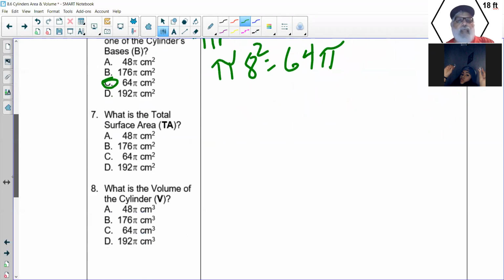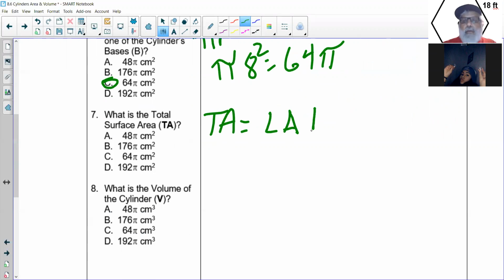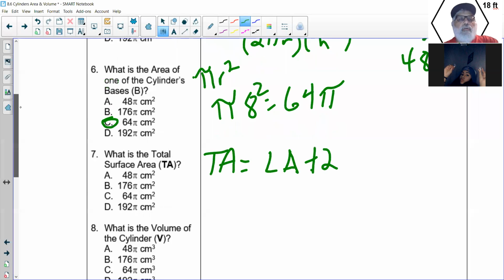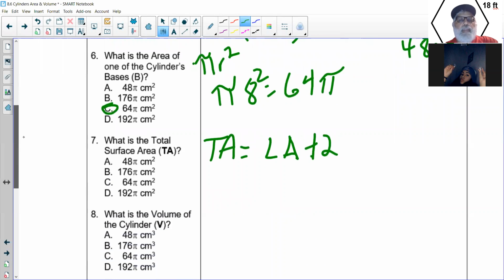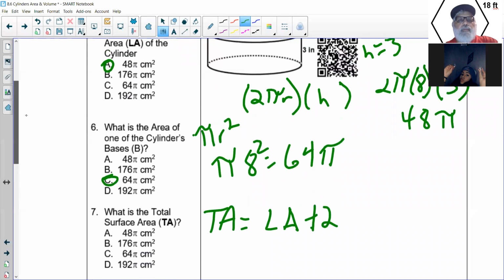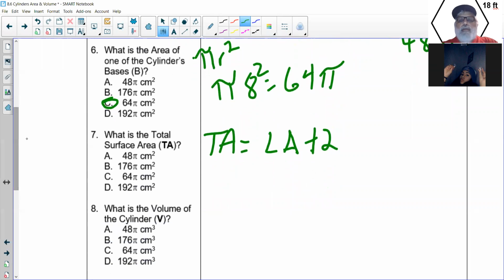Then on number 7, the total area is going to equal the lateral area, which you found on number 6, plus 2 times the area of the base that you found on number 6.